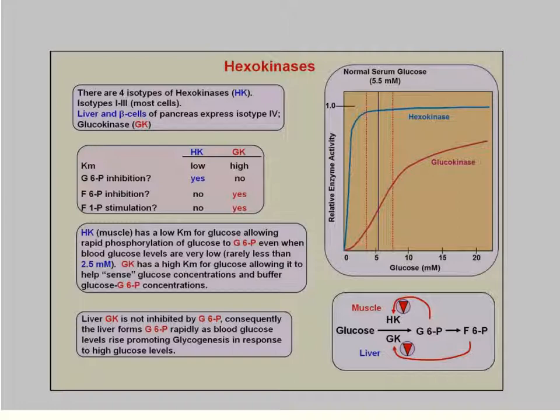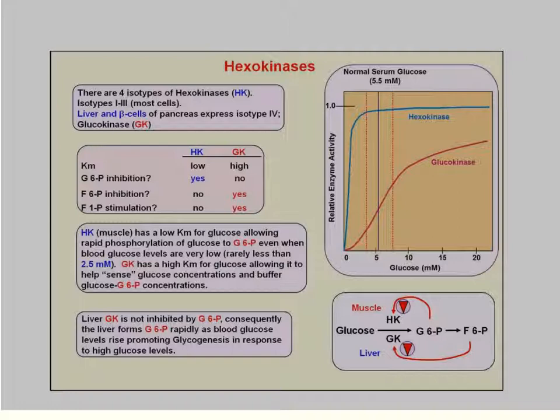Whereas with glucokinase, the molecule comes in, interacts with glucokinase for a while, and then finally becomes glucose 6-phosphate. So it takes a little bit longer for glucokinase to convert glucose into glucose 6-phosphate, whereas it happens very rapidly in most other cells, especially in the muscle cells. It happens slower in the liver.